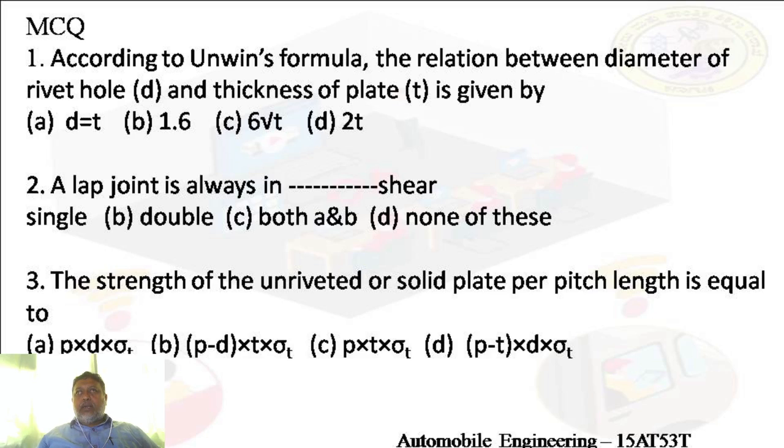So pitch and thickness of the plate are there. Only two parameters are there, because no rivet will come, therefore diameter is absent here. For a plate, generally we come across tensile stress. So from that point of view, the answer will be P T sigma T.